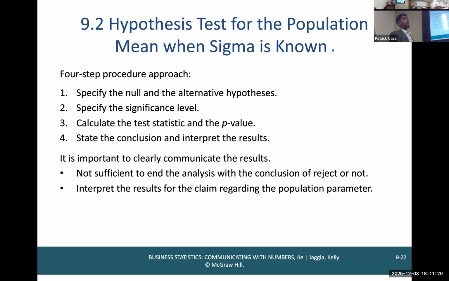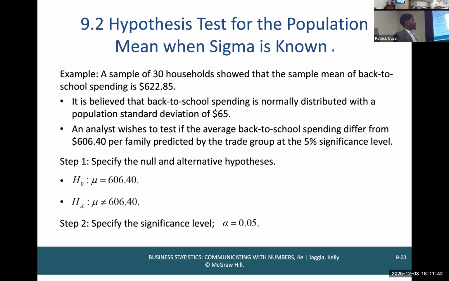You're going to specify which significance level you want to use, either 0.05 or 0.01. You're picking your level of significance, which is how much confidence you have in whether or not you can reject the null. Then calculate the test statistic and use the p-value.